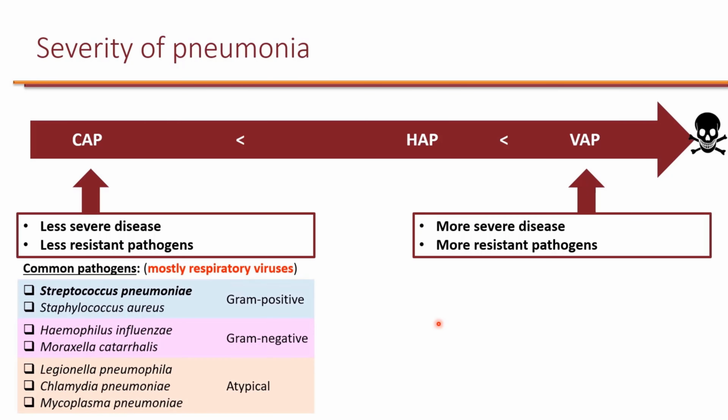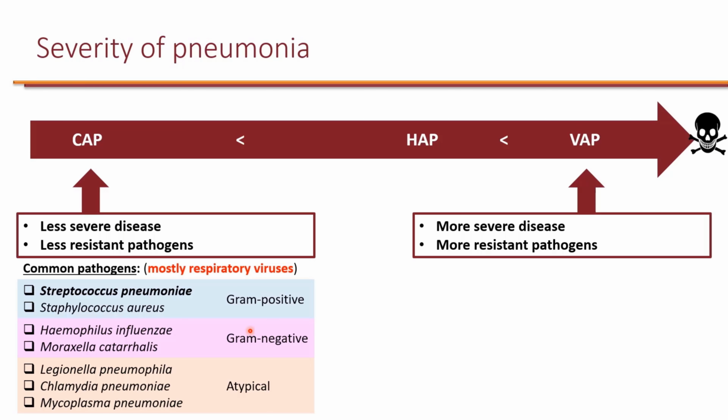Viruses by far are the most common causes of CAP. However, when it comes to bacterial causes of community acquired pneumonia, Streptococcus pneumoniae is by far the #1 respiratory pathogen causing pneumonia. Now, although Staphylococcus aureus can also cause CAP, not every patient needs MRSA coverage, and we'll talk about that more shortly.